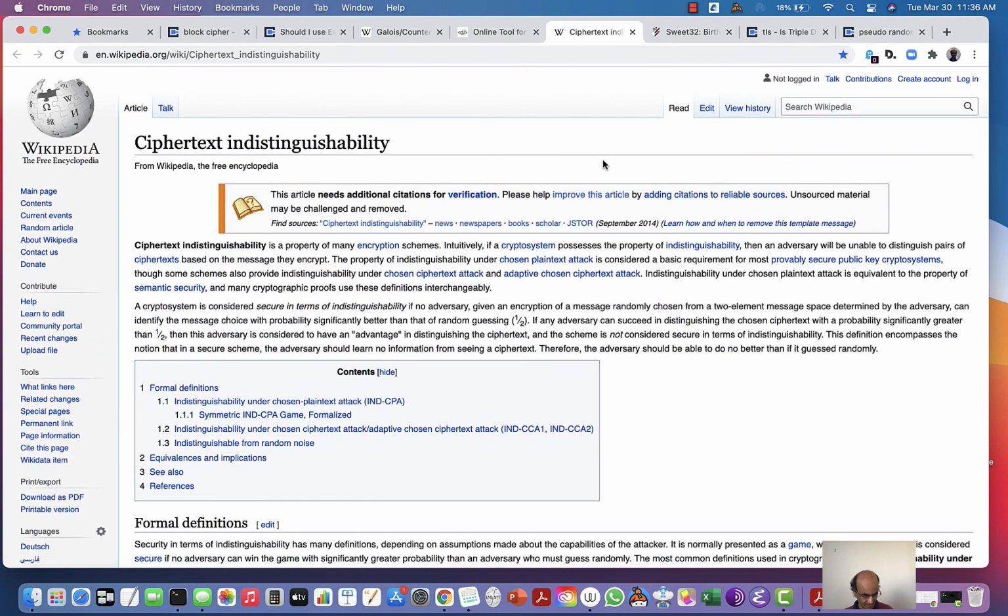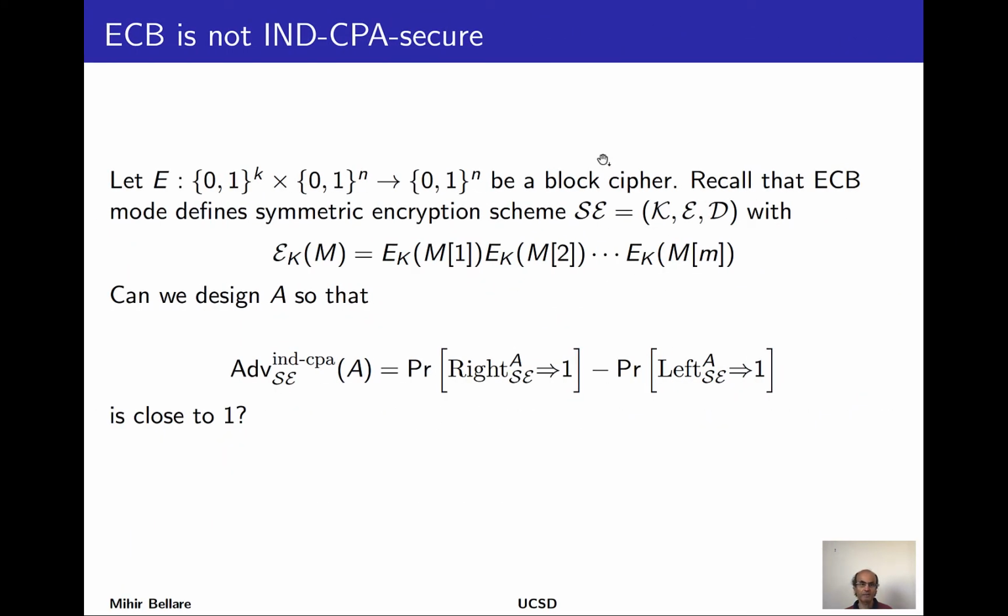And with that, let's look at our example. We now are going to assess the security of electronic codebook mode with our new definition. Now, why would we want to do that? We basically already determined that we think it's insecure, and it is. But we want to ask, what does IND-CPA as a formal definition think about this?